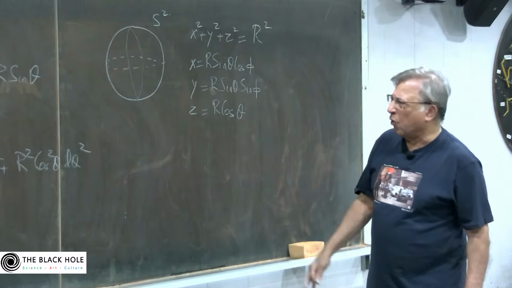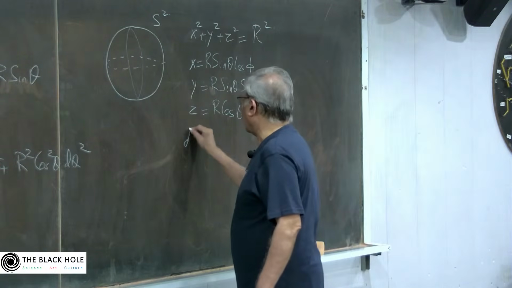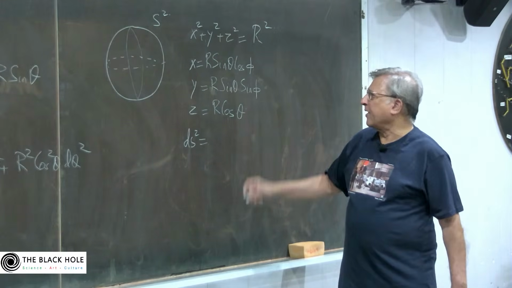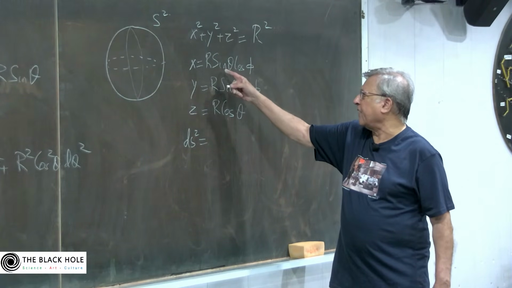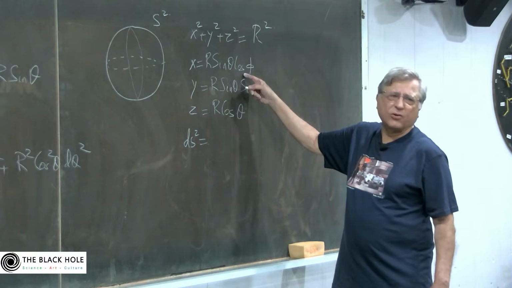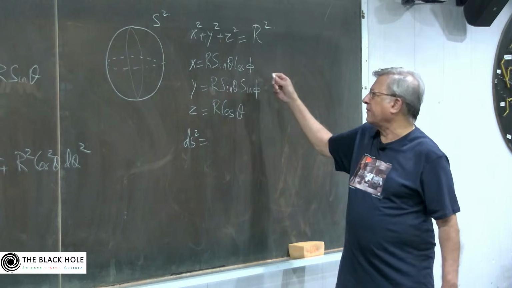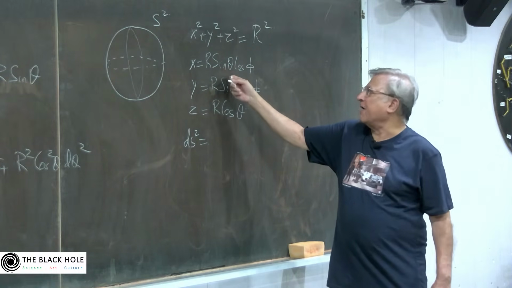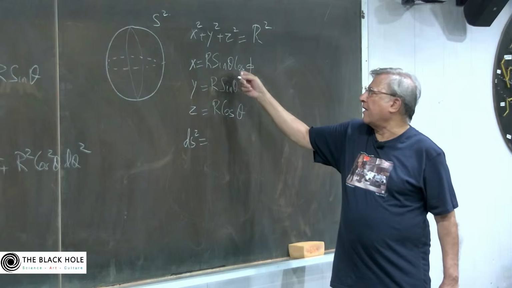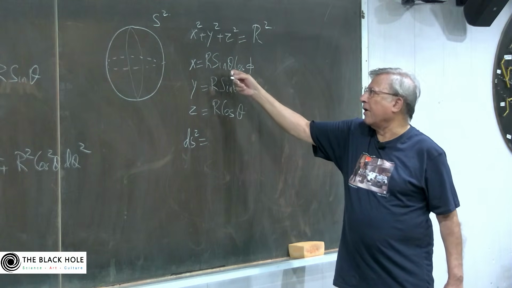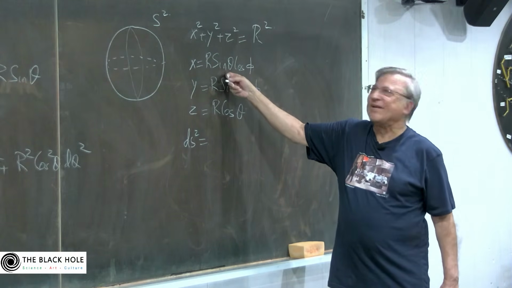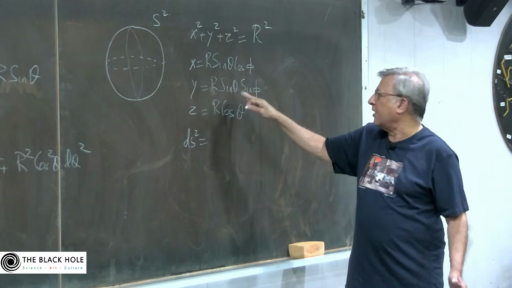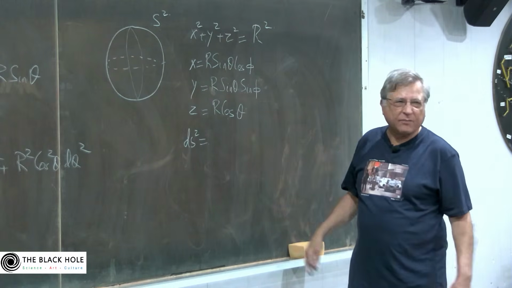Okay, now I won't bore you with this. For ds squared, you will take dx squared. When you take dx squared, you have to differentiate sine theta, and then you also have to differentiate cos phi. You know that there'll be sine theta d theta, and then cos theta d theta, and there'll be minus sine phi d phi. So 2 terms over here, 2 terms over here, 1 term over here.